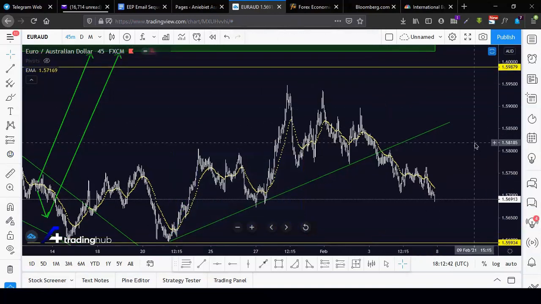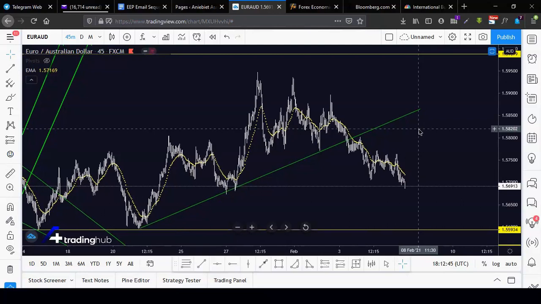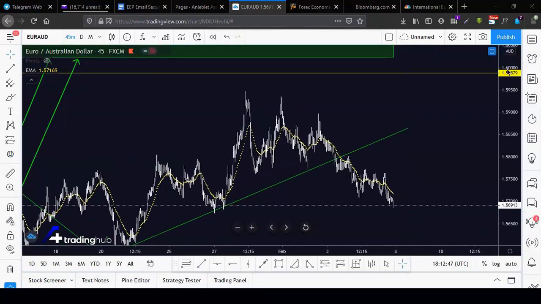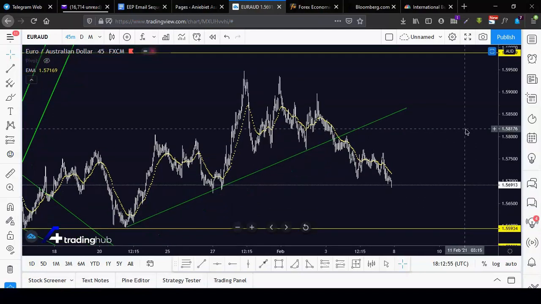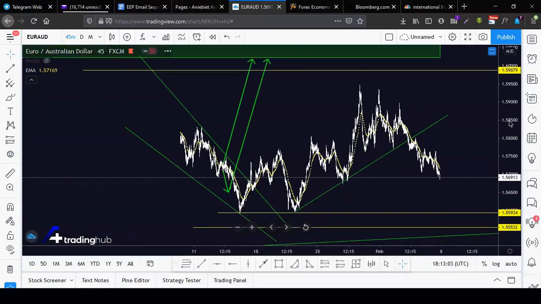Now this is what we are having right here. Price is still going to target this 1.5987 zone again. So we want to see price rejecting the 1.5593 zone that is down here, then we take on another buy. So this may be a 100% retracement here.